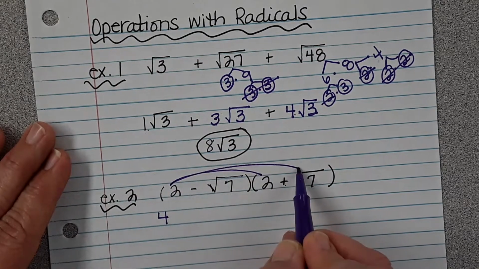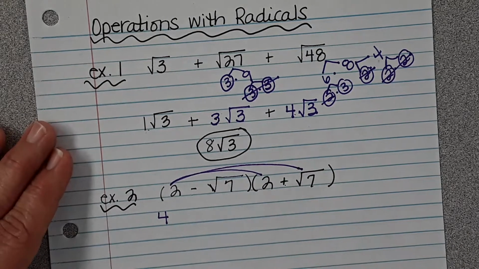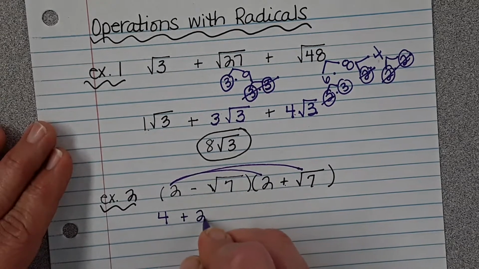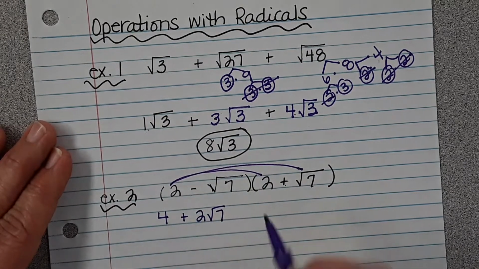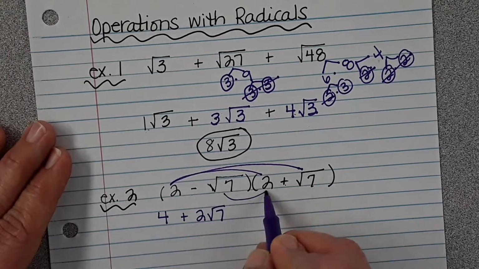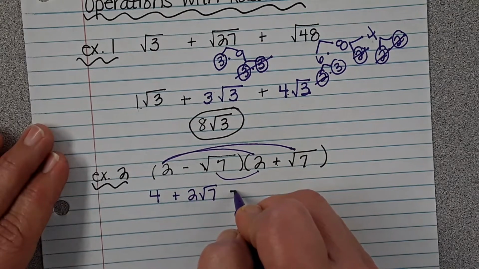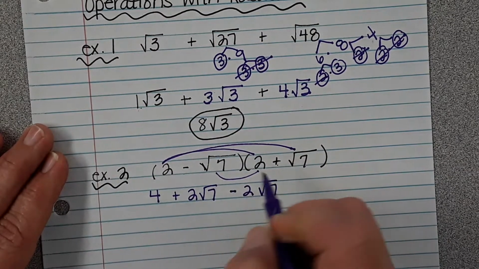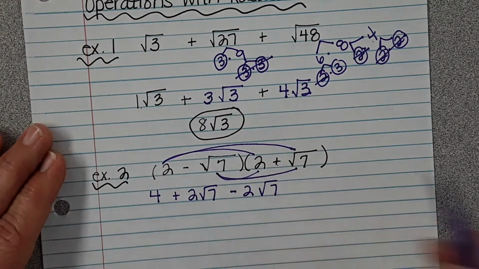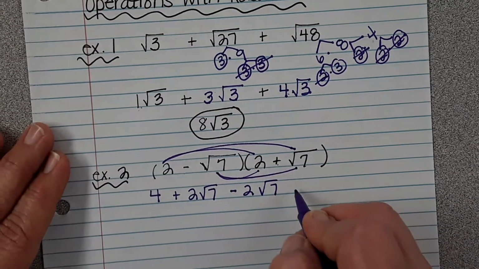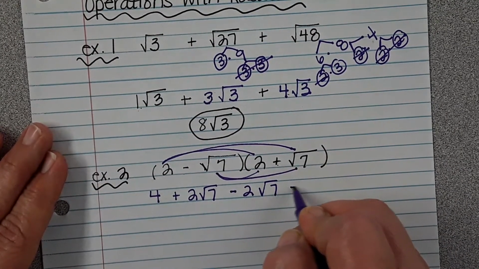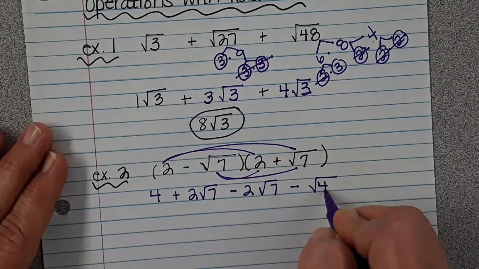Then we're going to do 2 times the square root of 7, which is 2 square roots of 7. Then we'll do negative square root of 7 times 2, which is minus 2 square roots of 7. And then we'll do the square root of 7 times the square root of 7, which is minus the square root of 49.